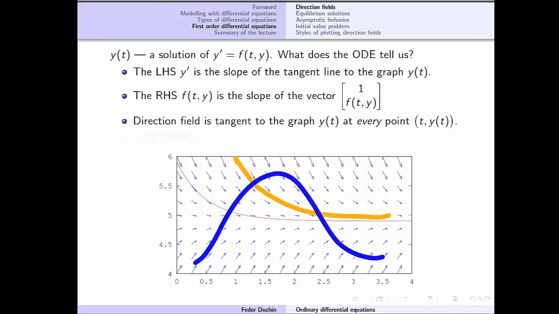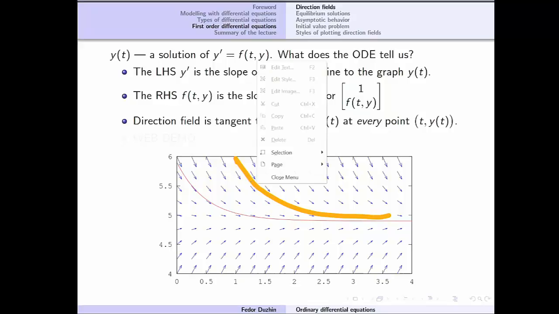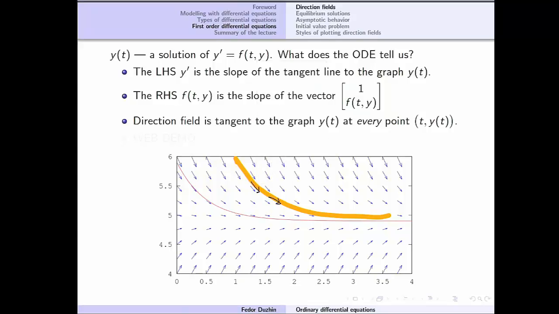Because the blue line does not really follow the arrows. The reason is that if you plot this tangent vector at every point of this solution, then it will exactly be the vector that we calculate according to the rule of the direction field, right?